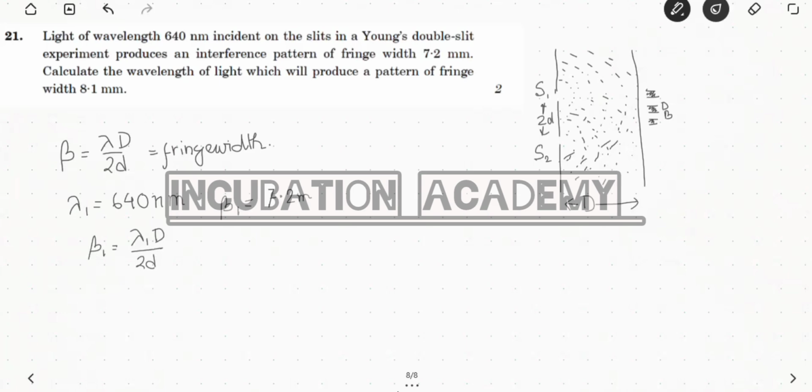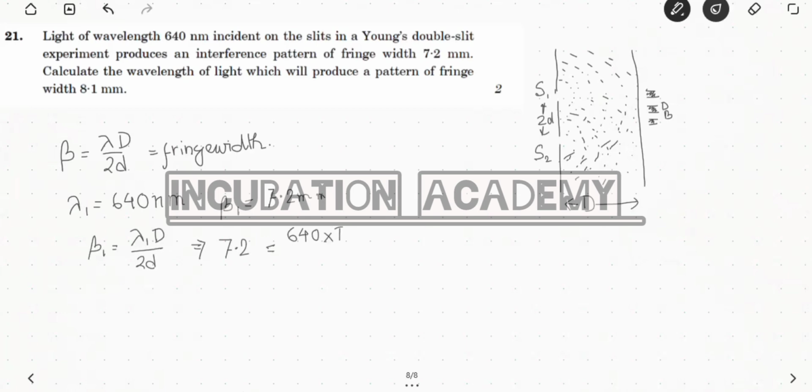Now in the same apertures, capital D and 2d remain the same here. If you use light of wavelength lambda 2, which we need to determine, in this case beta 2, the fringe width, becomes 8.1 millimeter. If you write down the equation, beta 2 equals lambda 2 multiplied by capital D divided by 2d.